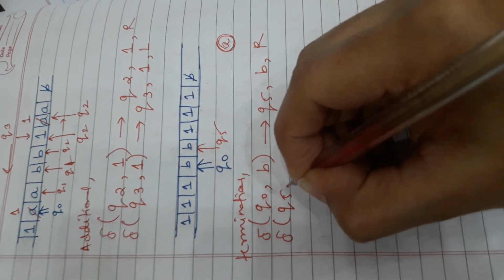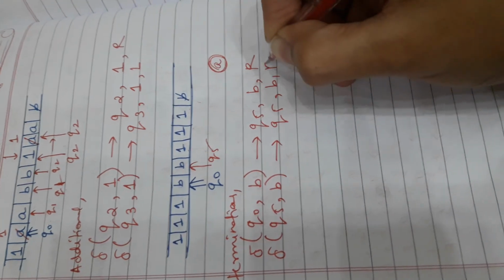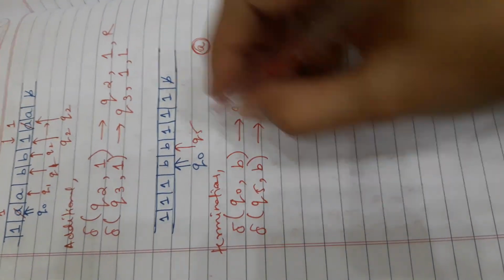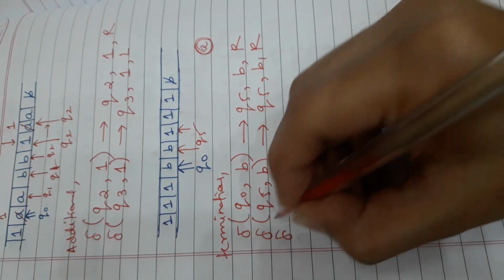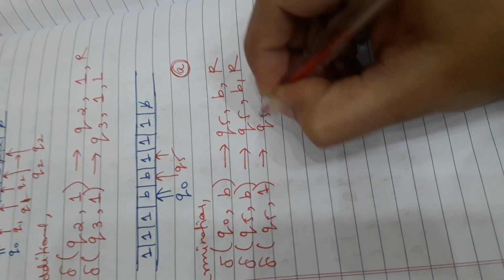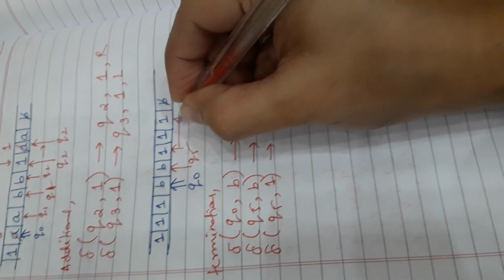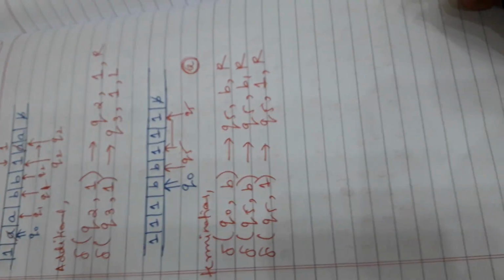Again, if this Q5 receives a B, it does not matter, we skip that and move forward. Again, if Q5 gets a 1, that is also fine for us. So if it gets a 1, we'll skip all the ones and move forward here.